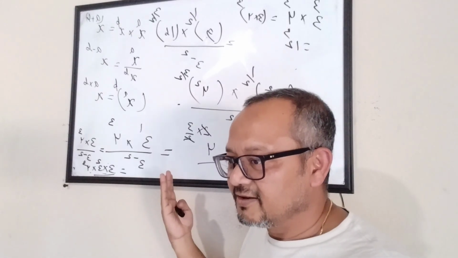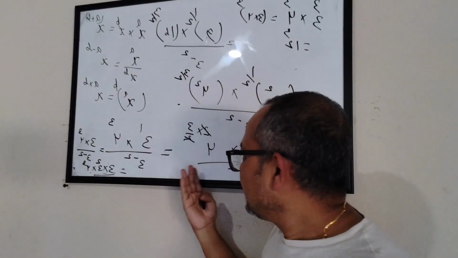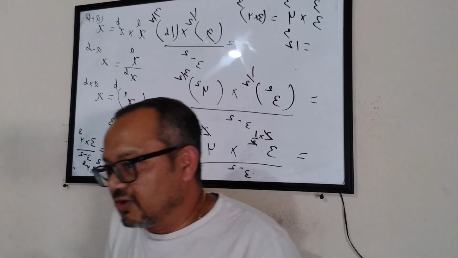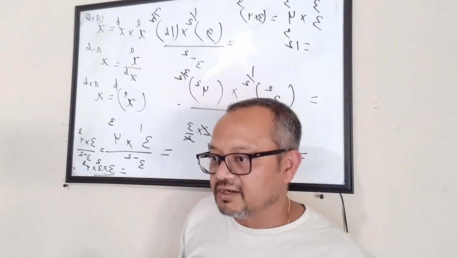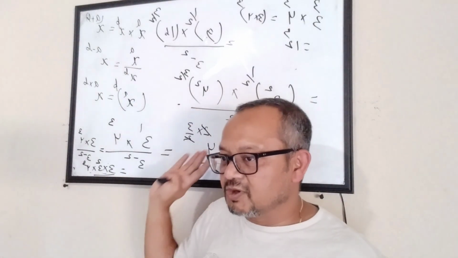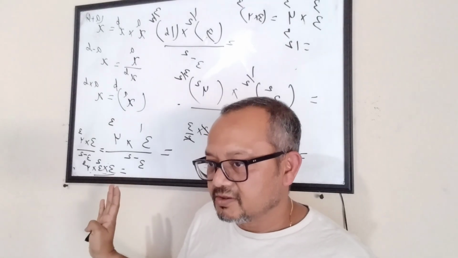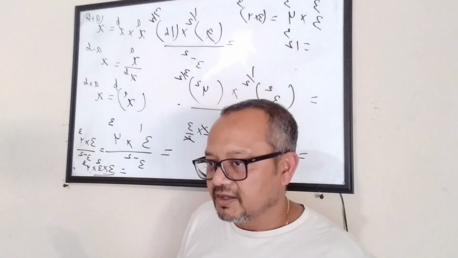Right? So, first of all, before I keep bragging about what I did, were you guys able to follow what I was trying to do here? Yes, sir. Everybody understood?